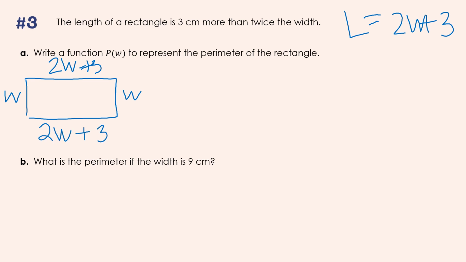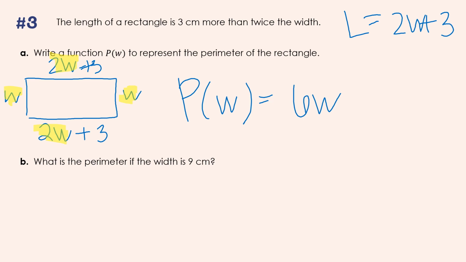So to find our perimeter P of W, if you remember, to find perimeter, you add all of the sides. So I'm going to add all of the like terms. So we've got 2W, 2W, W, and W. So 2W, 2W is 4W, 5W, 6W. So we got 6 total W's.